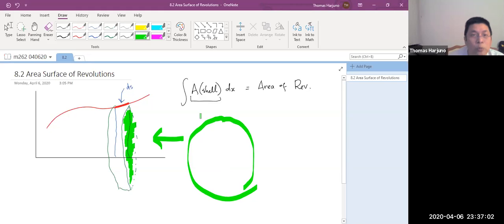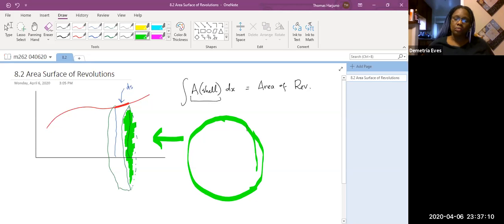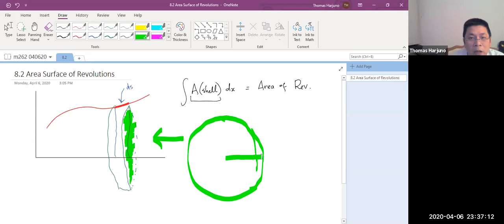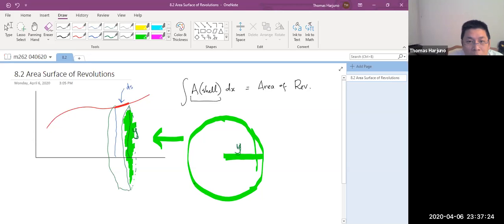That circle has radius y. This y here. That circle has radius y. So the circumference is 2 pi y.